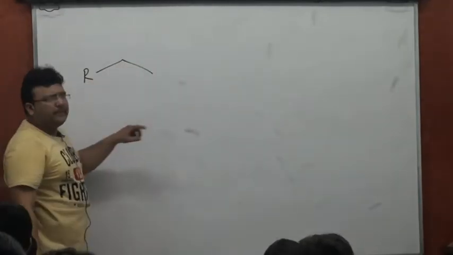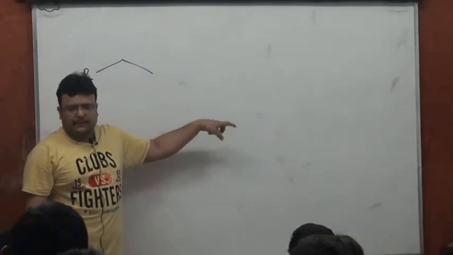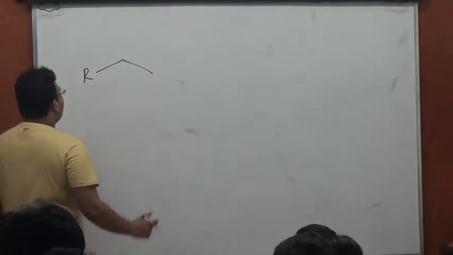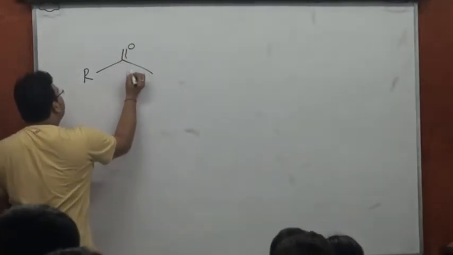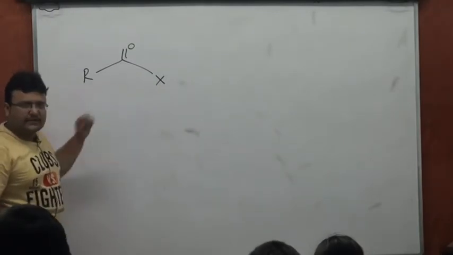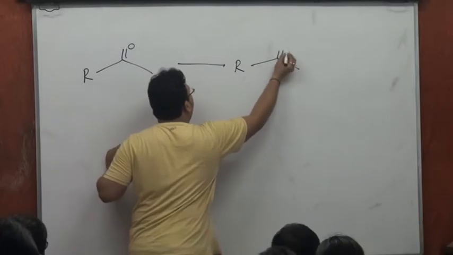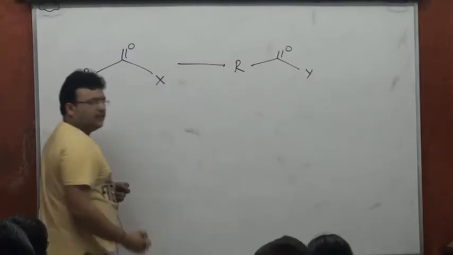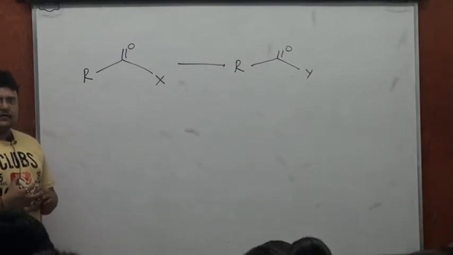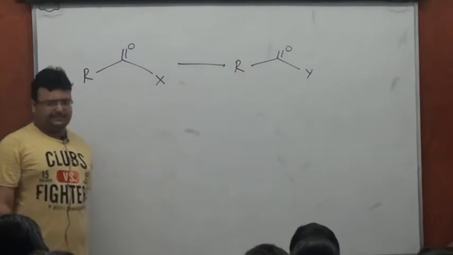Well, and then it could be between the derivatives, you might want to convert an anhydride to an amide, a halide to an amide, and in any of these reactions I would be trying to convert an RCOX to an RCOY, where X and Y will be variable, for an acid or its derivative to get converted into each other.